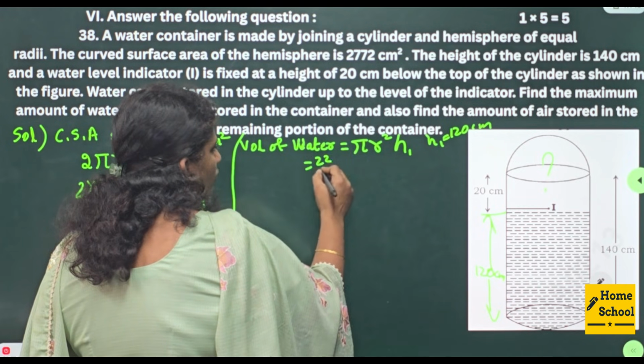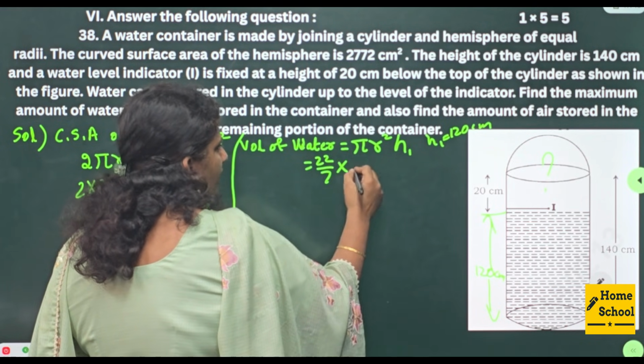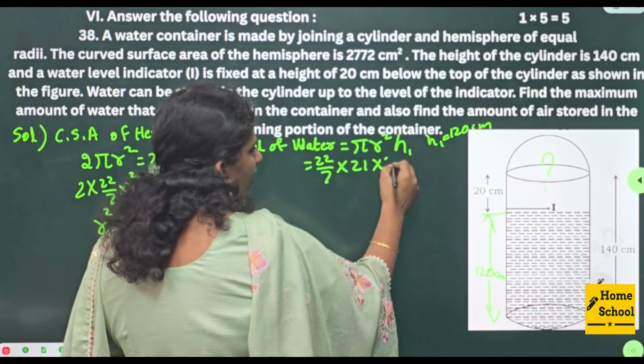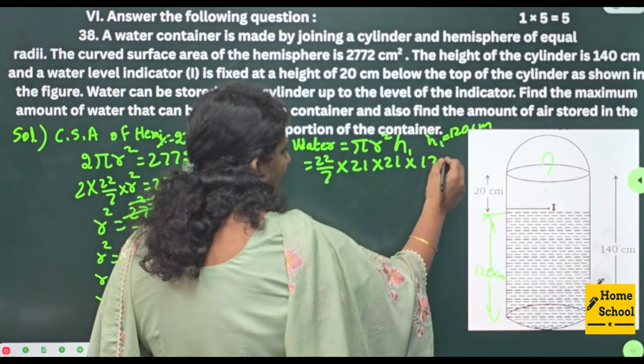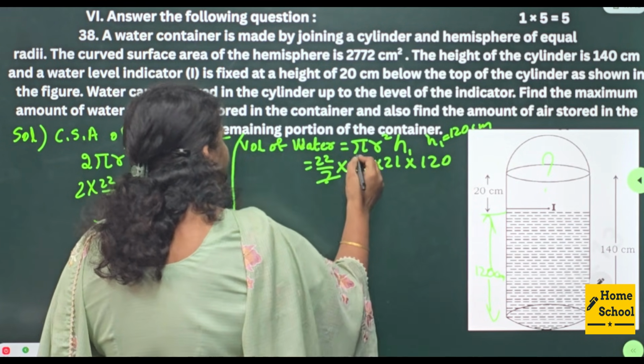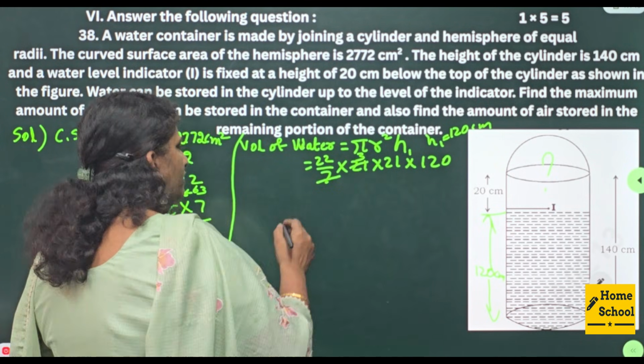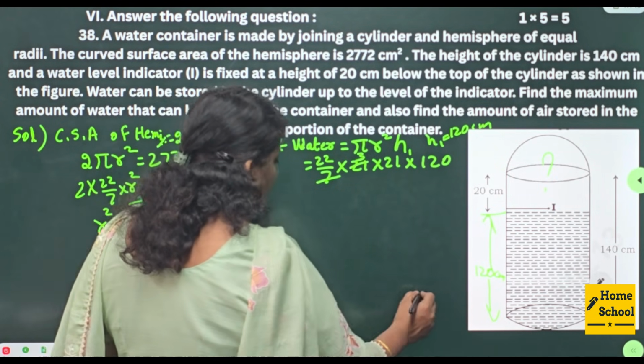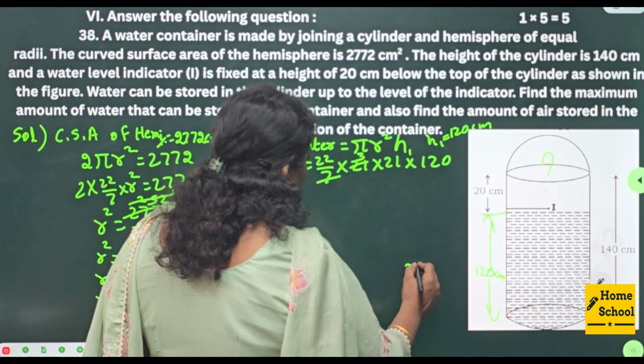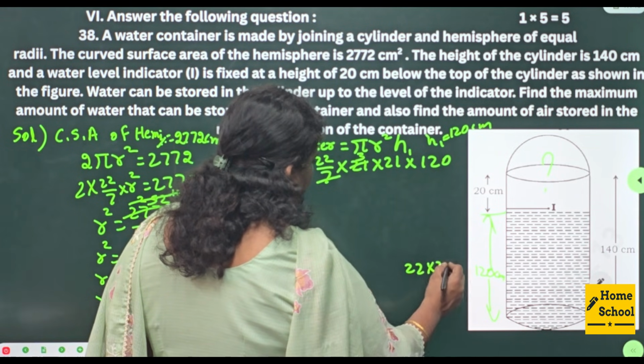That is equal to 22 by 7 into radius we got 21. Write 2 times. Height 120. 7 threes are 21. And now calculation part I'll do here. 22 into 21.